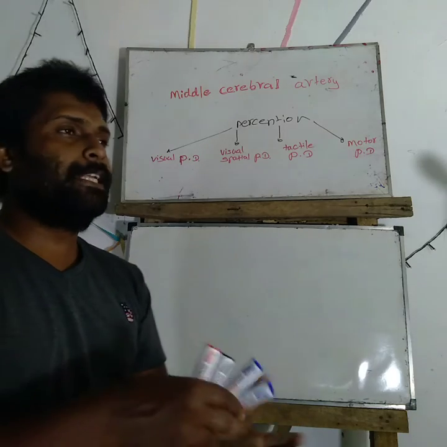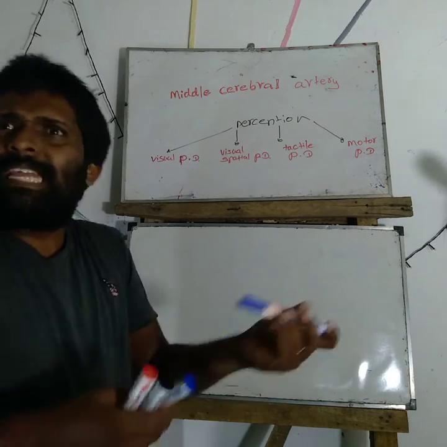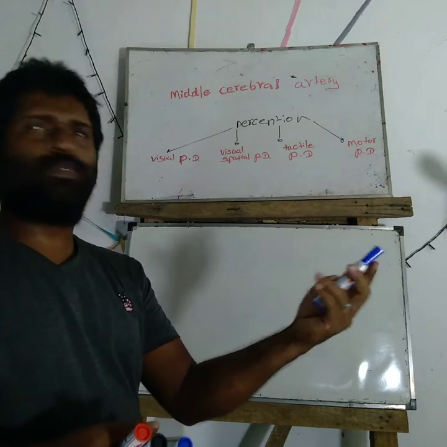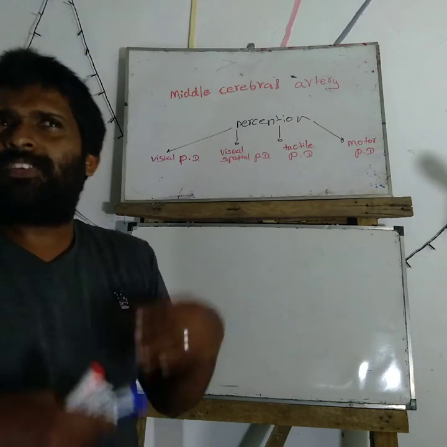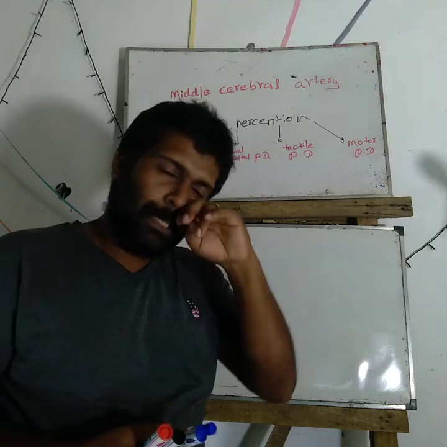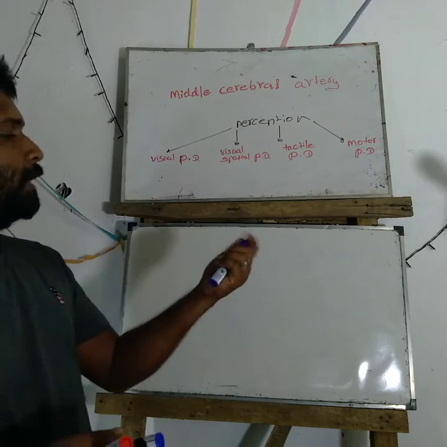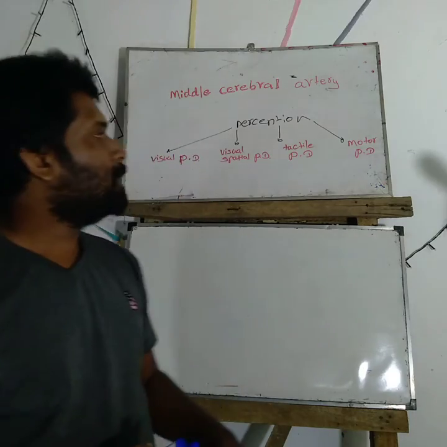Tactile: when the hand takes some tactile input, we can tell what this is. But a patient with middle cerebral artery damage or brain damage around there can't tell what this is; tactile identification is impossible.